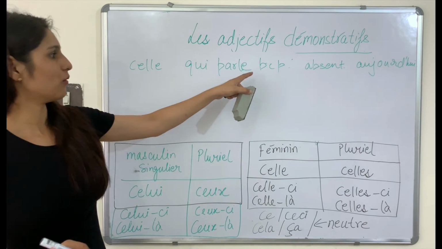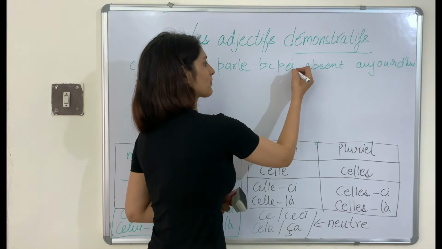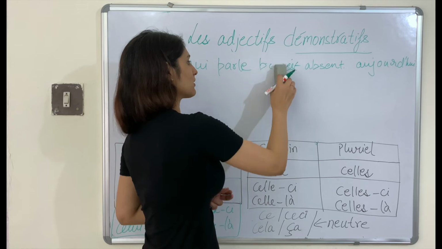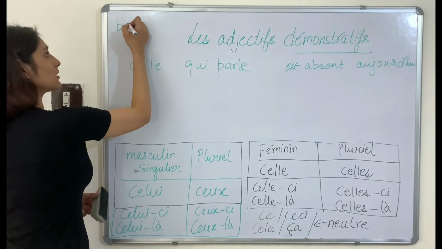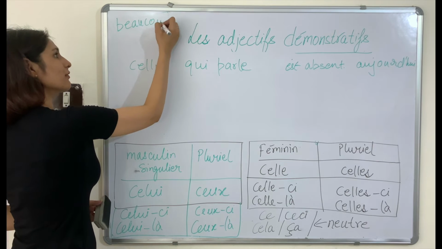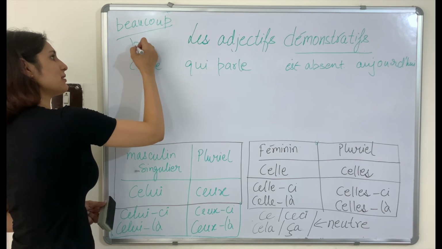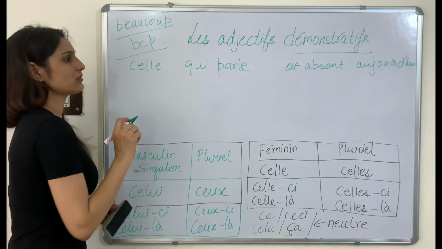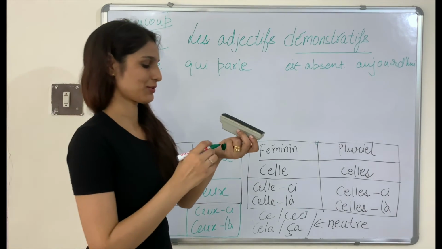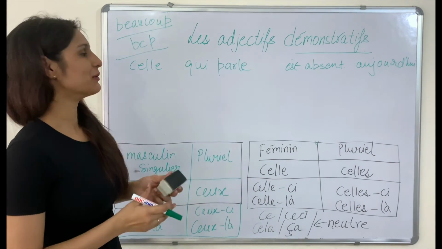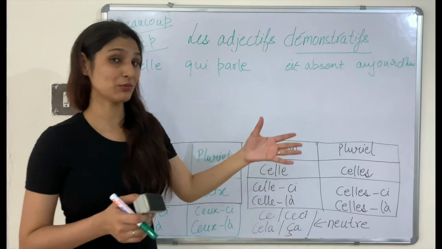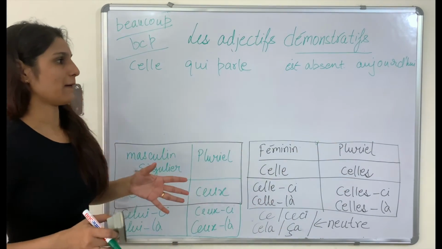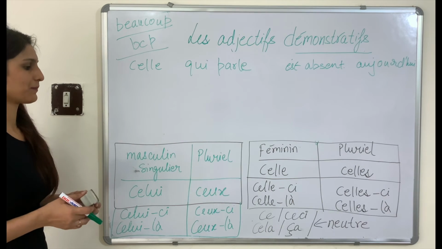Qui parle beaucoup, and beaucoup, which is very much. The short form is BCP. Don't use that in written. That was just for escaping the full spellings. So celle qui parle beaucoup est absente aujourd'hui. The one who talks a lot is absent today.